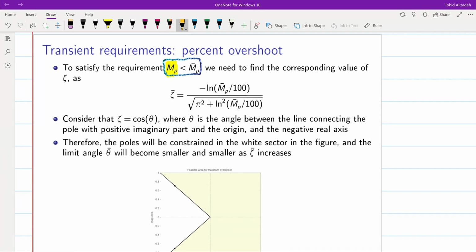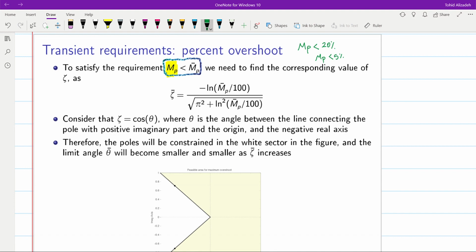For example, we may receive the transient requirement in the form of MP smaller than 20% or MP smaller than 5%. Any value, yeah? It's just given in the form of a percentage overshoot that the step response of the system needs to be below.